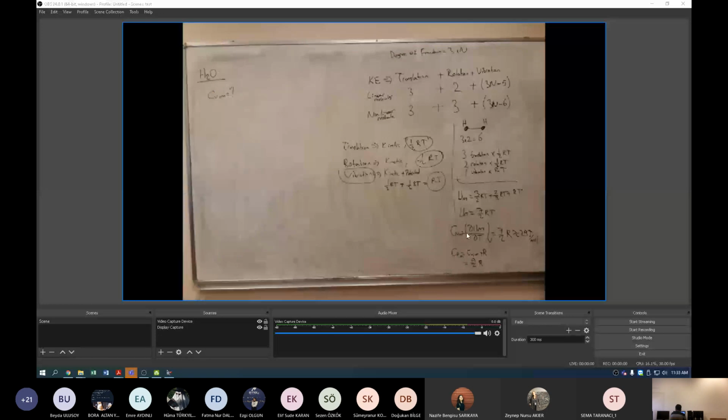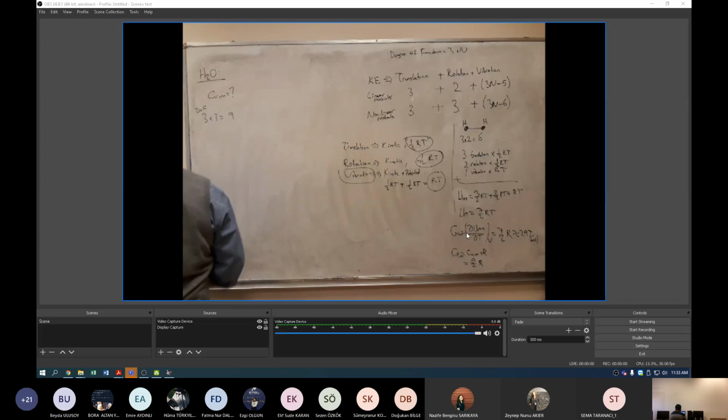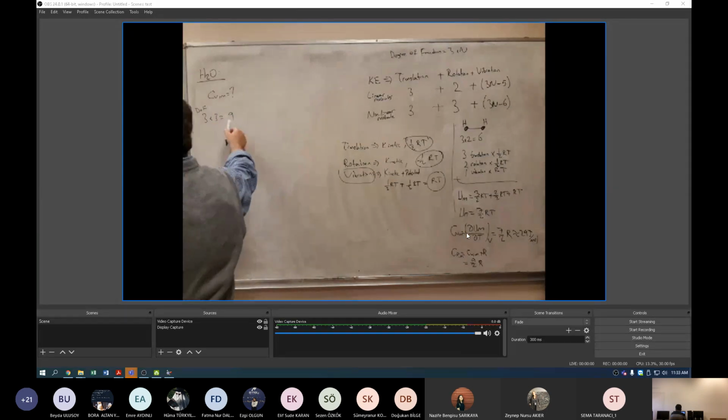Can we calculate this according to the equipartition theorem? Yes. How? How many atoms are there? 3. And degree of freedom is 3 times 3 equals 9. So there are 9 different motions in this.